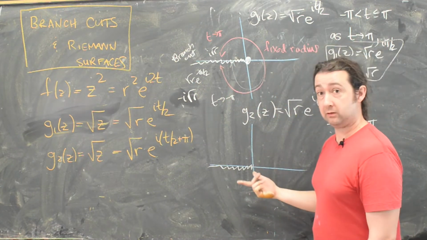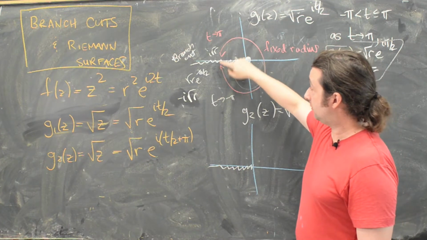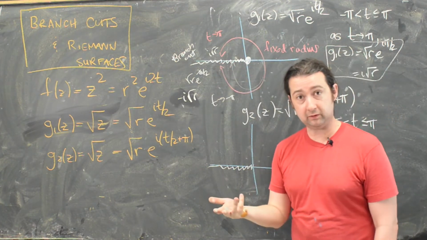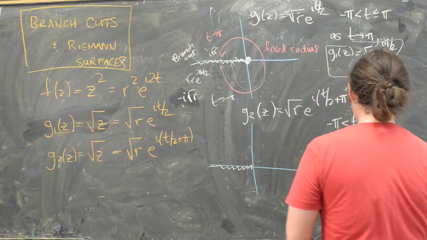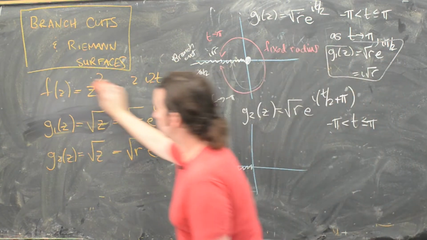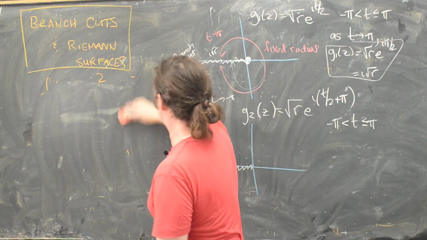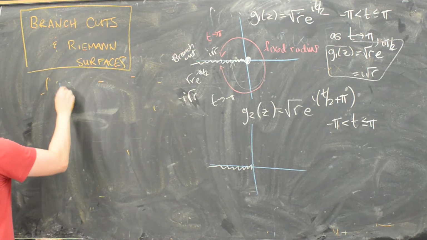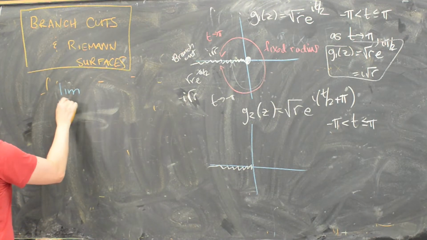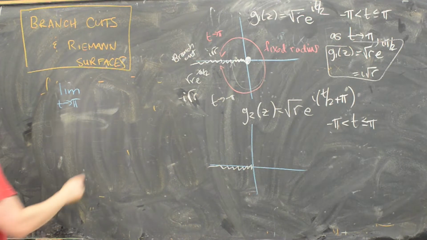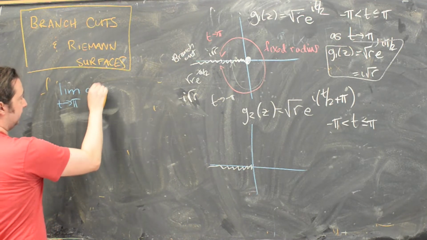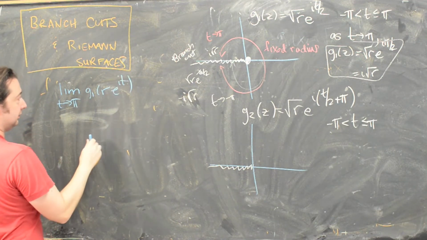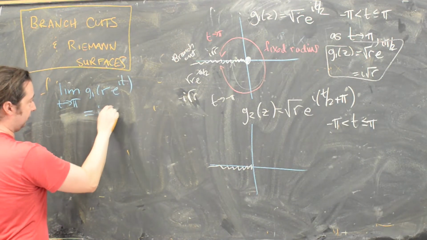So what are we saying here? We're saying that the limit of this function as I approach this point from two different positions, from the top and from the bottom, the limits are different. So the limit as t goes to pi of g1 of a number where we have a fixed radius and e to the it turns out to be equal to i root r.